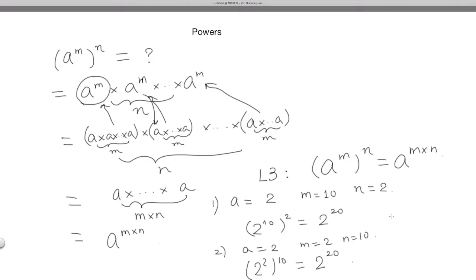But this is different from a to the power m to the power n, because in this, the operation will calculate m to the n first, and then you do a to the power of that. So just be careful that when you need parentheses, you have to put them there, because that changes the order of operations.